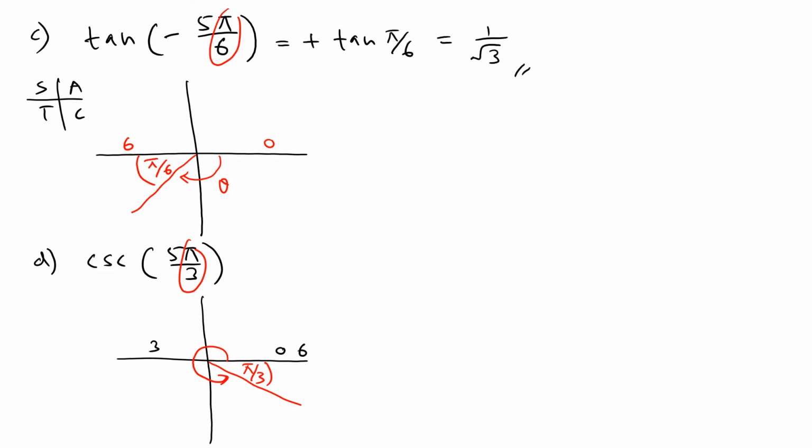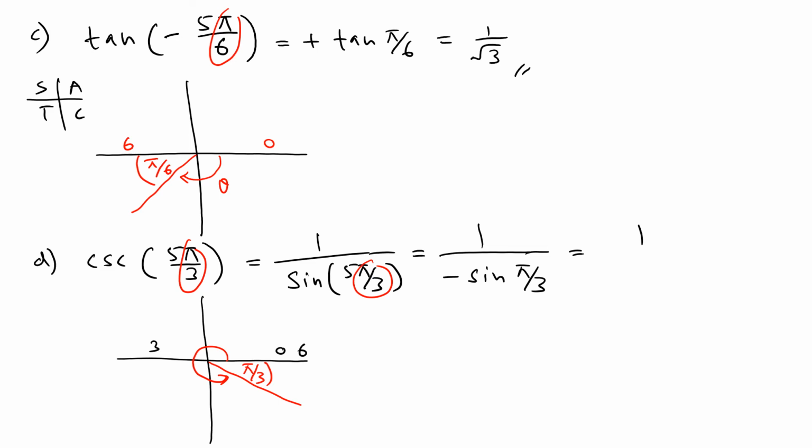But now we don't know cosecant directly, so what we can do is write 1 over sine 5 pi over 3. Now we can use it. By ASTC, this should have a negative sign, and then sine of the reference angle pi over 3.